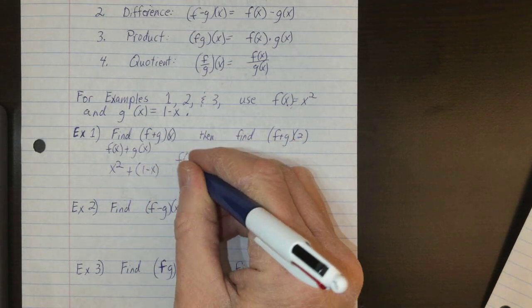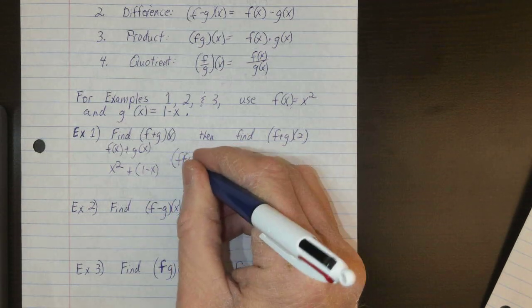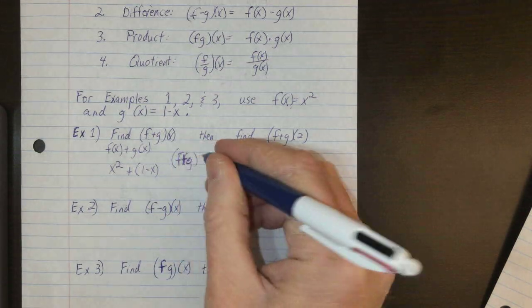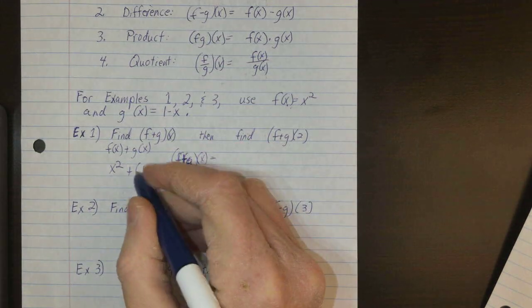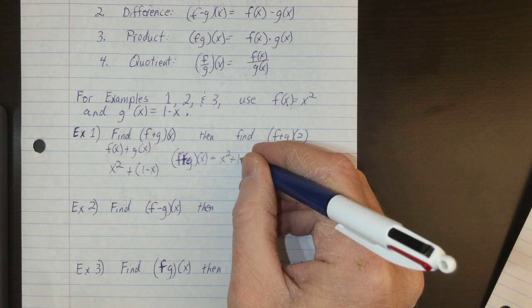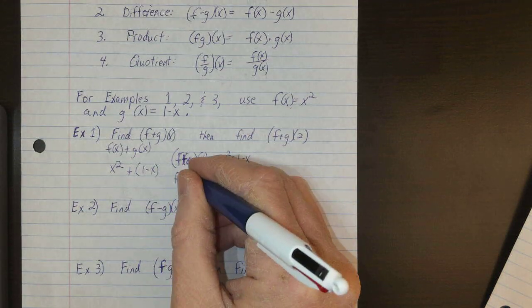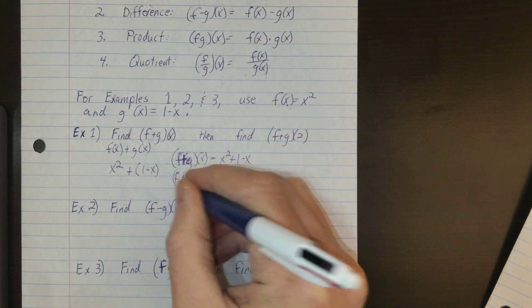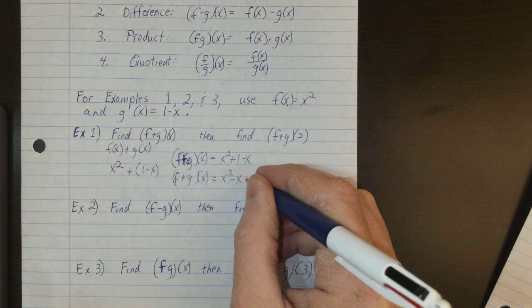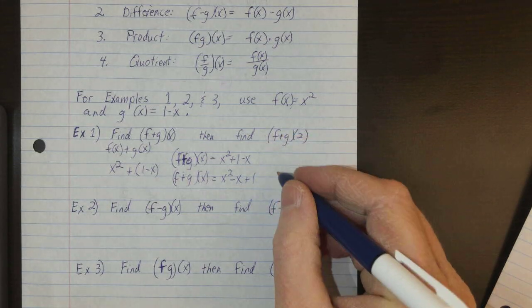So we're going to have f plus g of x equaling x squared plus 1 minus x. And if I make it look a little more acceptable, I'd write x squared minus x plus 1. And then it says find f plus g of 2.